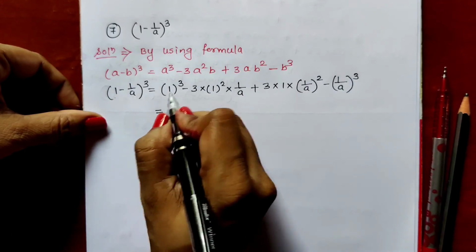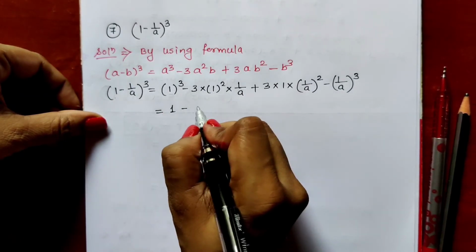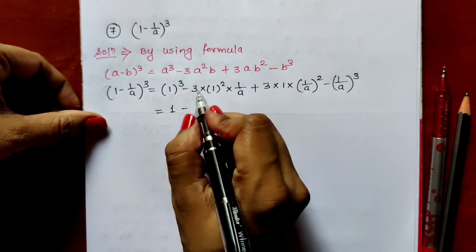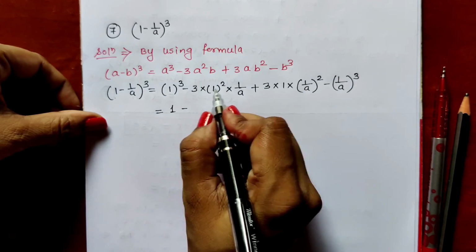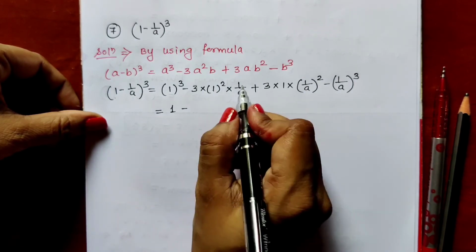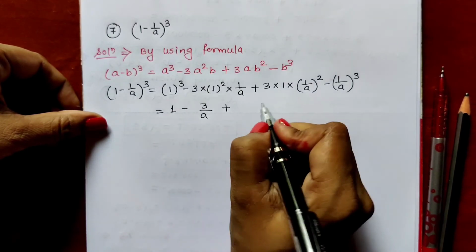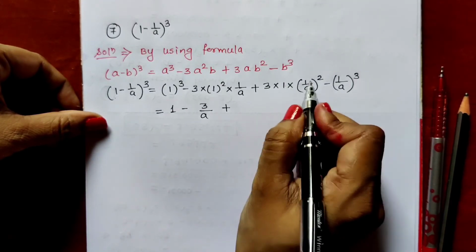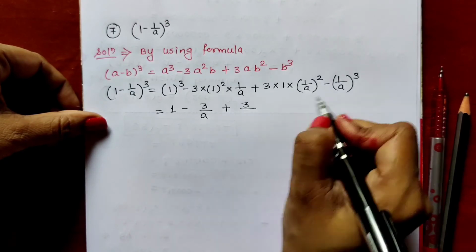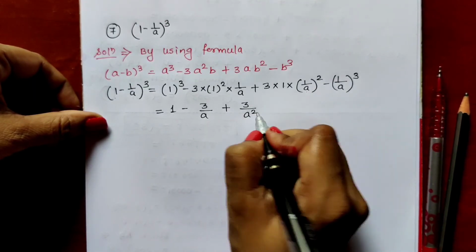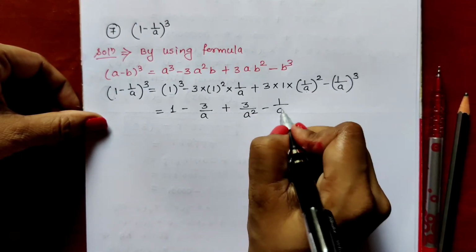Now solve. 1 cube is 1, minus 3 into 1 square into 1 upon a, that is 3 upon a, plus 3 into 1 square is 3 upon a square, minus 1 upon a cube.